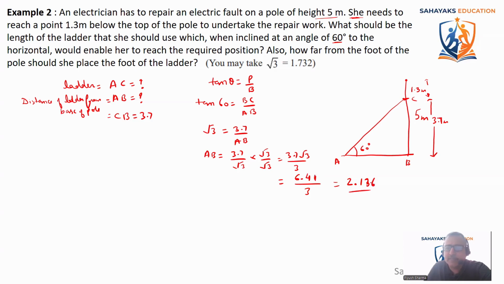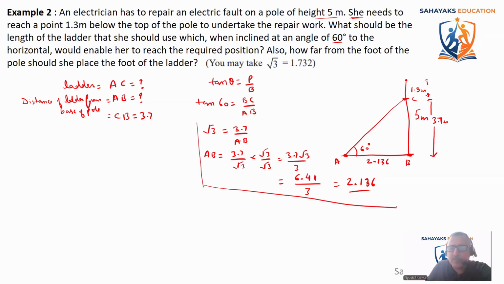Okay, this is the answer. So basically the length AB, the distance of the base of the pole to the point where the ladder is standing, is 2.136.